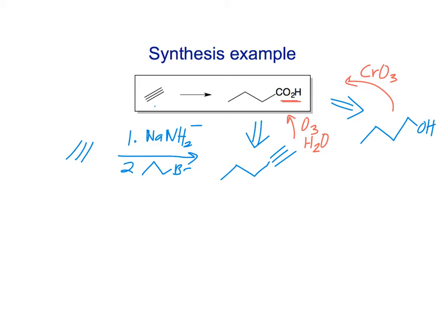So how can we use the other method? We want a primary alcohol over there. So let's continue our retrosynthesis. How can we make a primary alcohol? Well, one way that we can make it, if we think back a ways, is from an alkene.